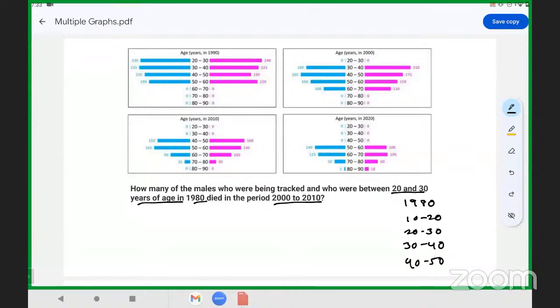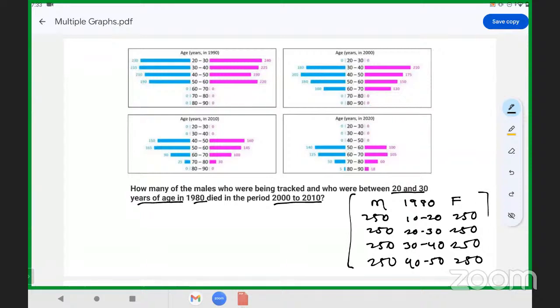So you have male, female. Okay, 250, 250, and 250. So this is the reference data for 1980.